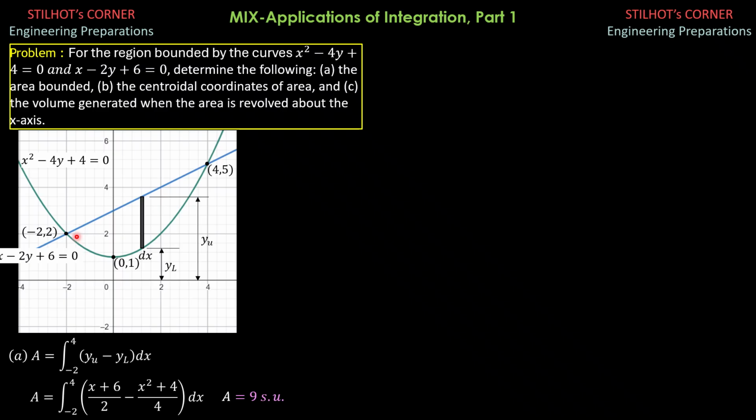So the area is the area of the trapezoid minus the area of the spandrel of the parabola minus the area of the other spandrel of the parabola. The spandrel of the parabola will have height 1 and base 2, and then this one has base 4 and height 4. So area is the area of the trapezoid, 1/2 of (1 plus 4) times 6, minus 1/2 of 2 times 1, minus 1/2 of 4 times 4, the other spandrel. So the area is indeed 9 square units.